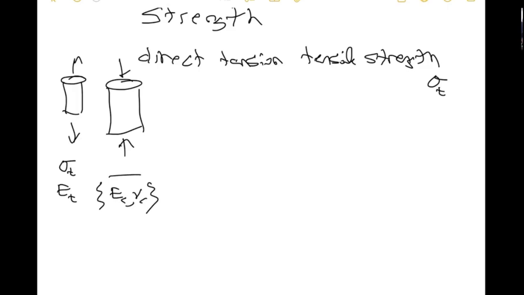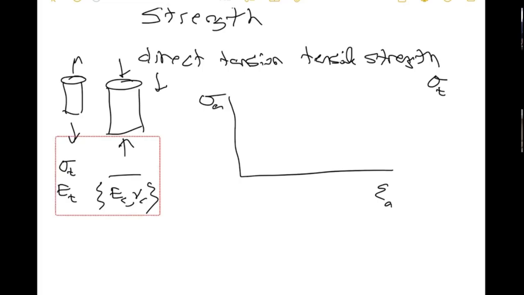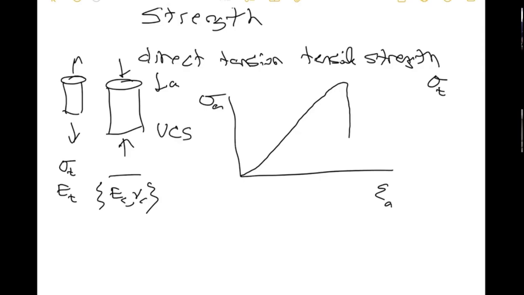And so again, in the UCS test, axial stress, axial strain. This is the axial direction, A. And again, it looks like this, and then it's linear, and then it usually reaches, in a UCS case, unconfined compression test, a value that's pretty abrupt, and then you typically get a quite brittle failure.